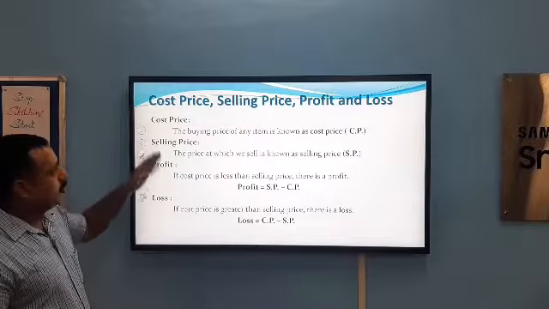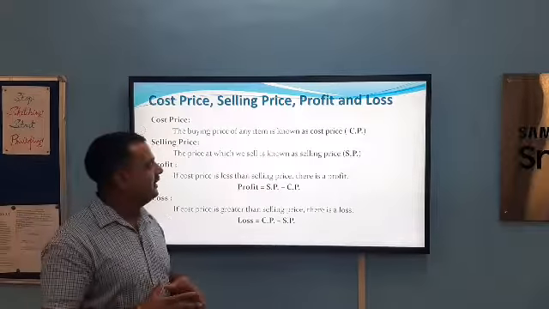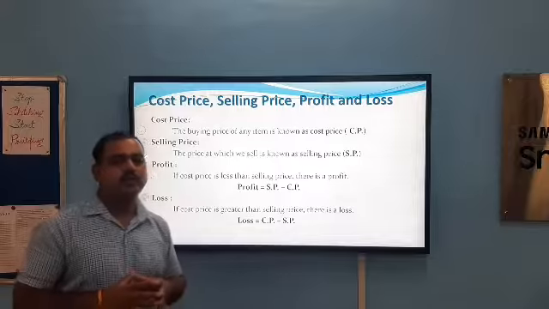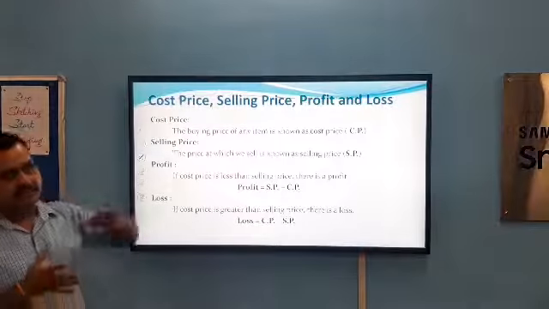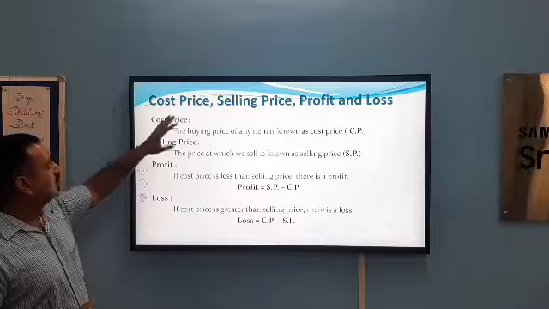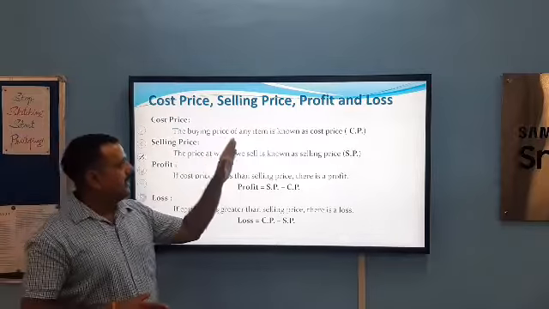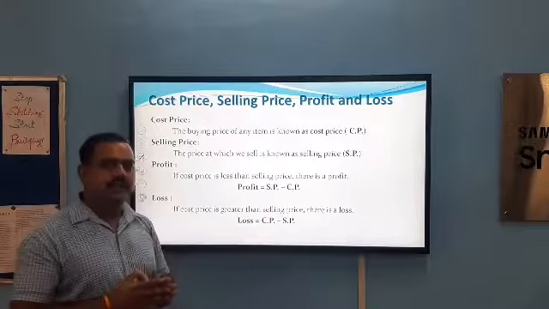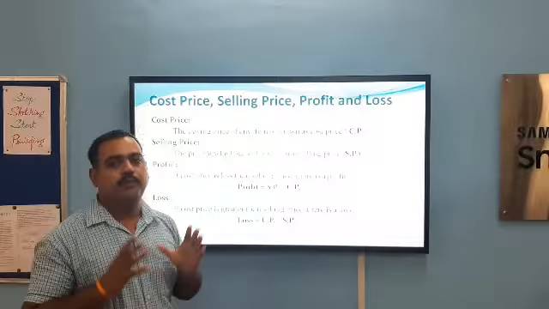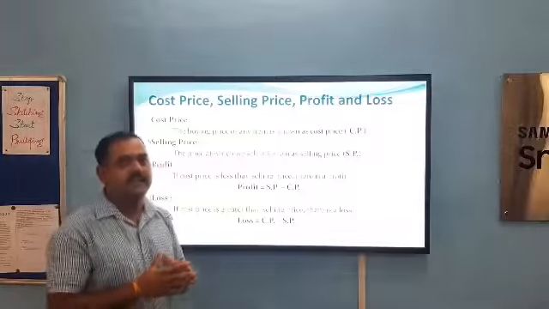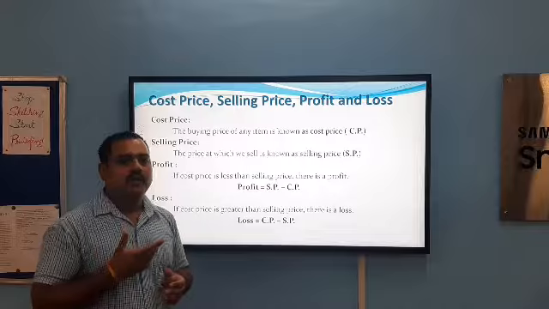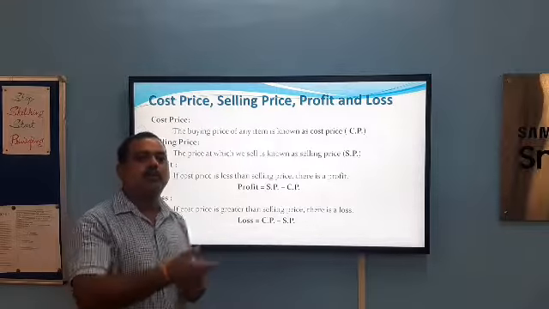Now, cost price, selling price, profit and loss. First of all, we understand these basic terms. Cost price. The buying price of any item is known as its cost price. For example, if we go to the market and purchase any item, for purchasing we give some amount to the shopkeeper.